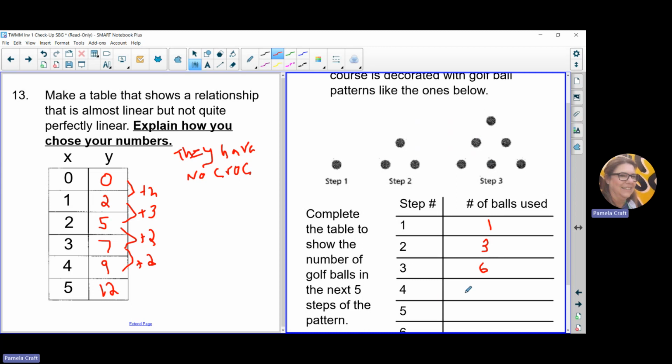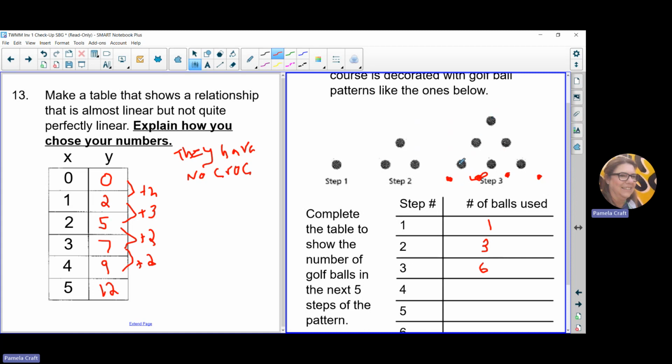And in step 4, you don't know, you kind of have to look and see if there's a pattern, or maybe draw the next one. So if I draw in the next one, and then count, that might be helpful to have one more, because a lot of people just thought that we were adding 3. But clearly 1 to 3 is only plus 2, so adding 3 would not be it.